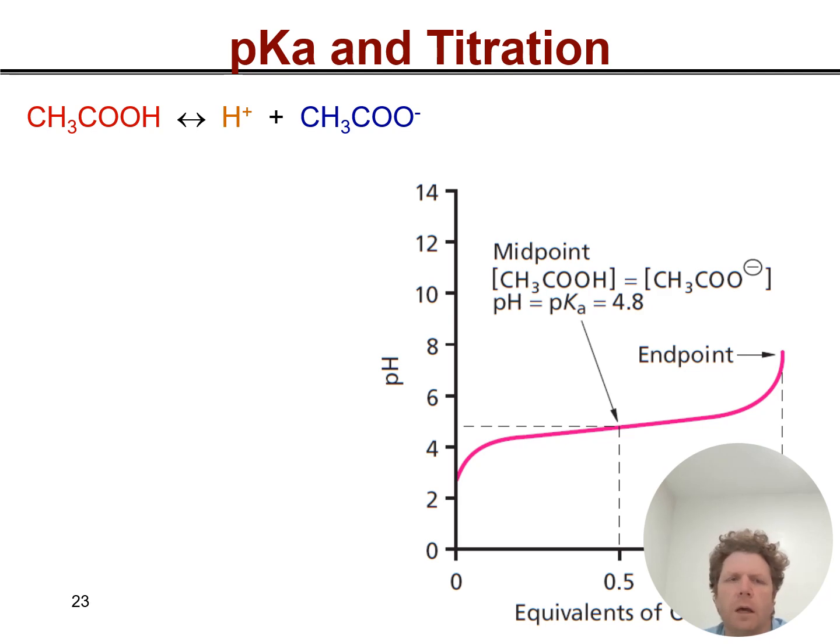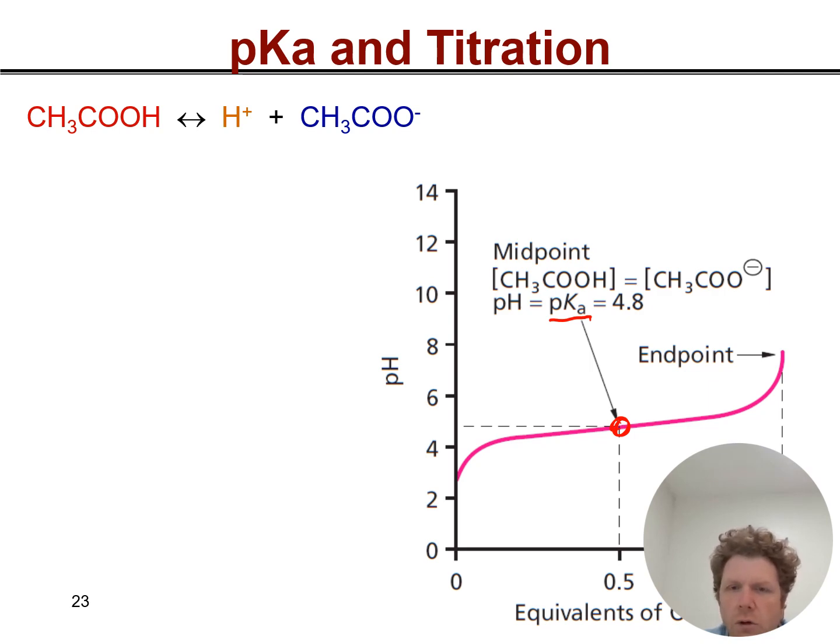Now, here again, we have acetic acid, and that acetic acid will dissociate into a hydrogen ion and CH3COO minus, or acetate ion. Now, if we have a pKa for acetic acid of 4.8, that would be right here. That means that we have 50%, or an equal concentration, of CH3COOH and CH3COO minus.